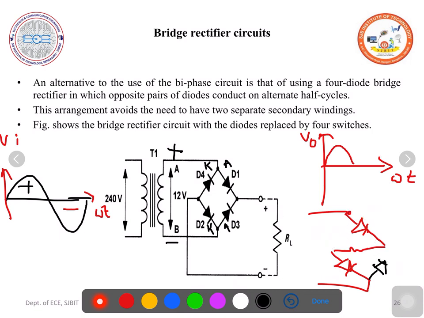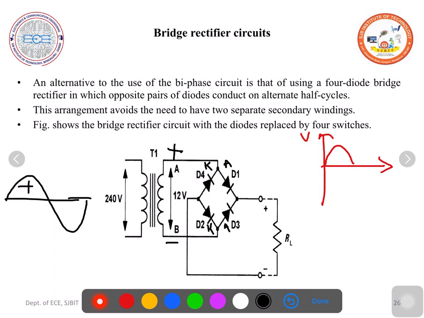During the negative half cycle, the upper terminal of the secondary winding here becomes negative, and this becomes positive. So anode of D3 is positive, so it acts as closed switch.